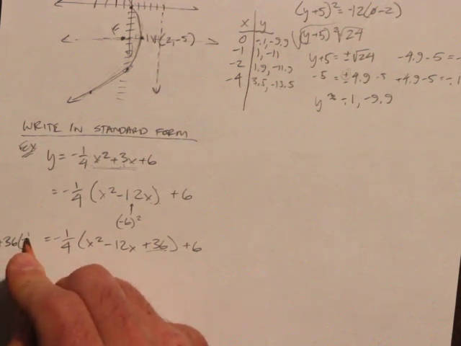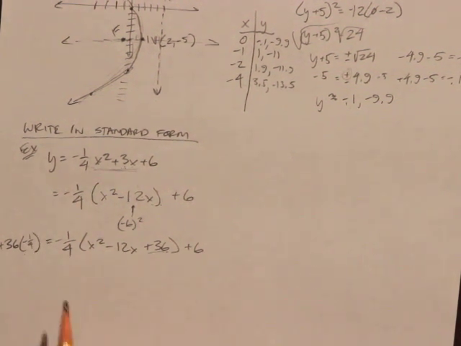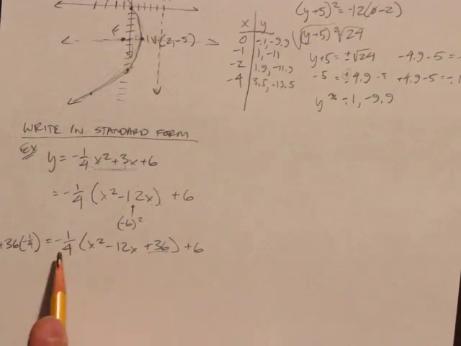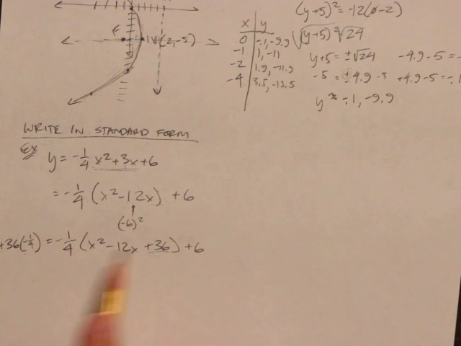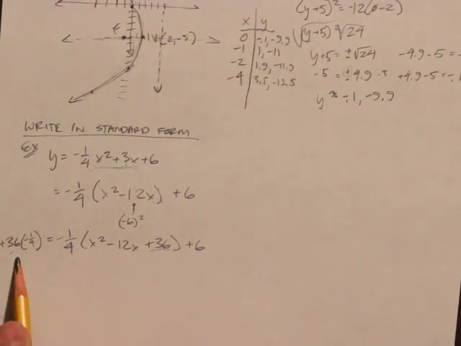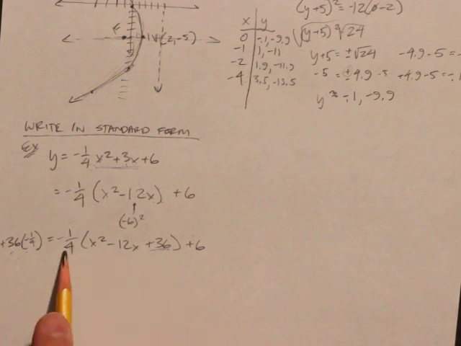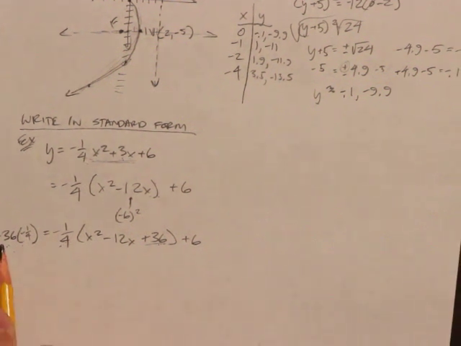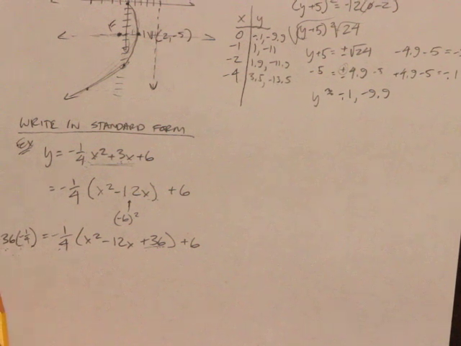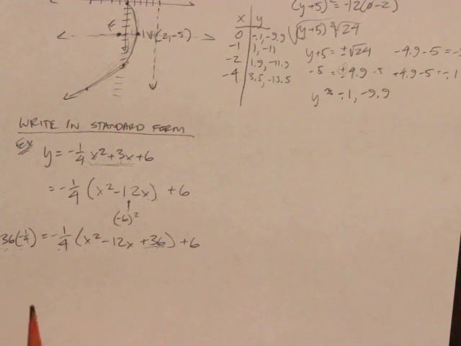So I've added 36 in here, and I also need to add it to this side. What I do to one side, I do to the other. This is 36 times negative 1/4, so I need to add 36 times negative 1/4 to this other side of the equation. It's a little bit tricky, but it's okay.